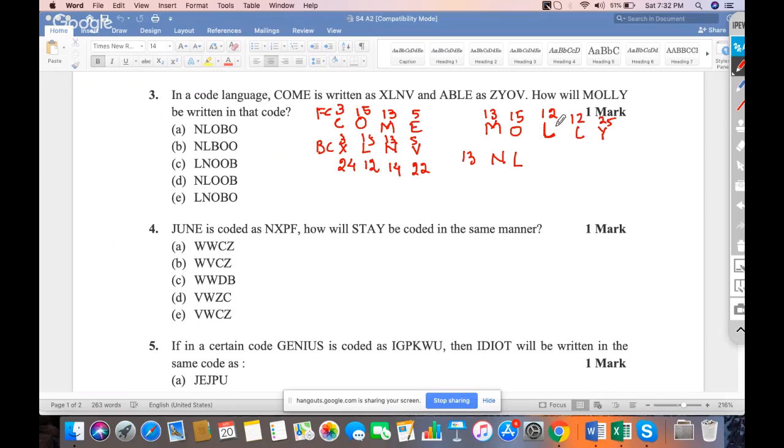Here backward counting of 15 would be O, so O O. And here backward counting of 2 would be B. So N L double O B. This is the third option. Question number 4.